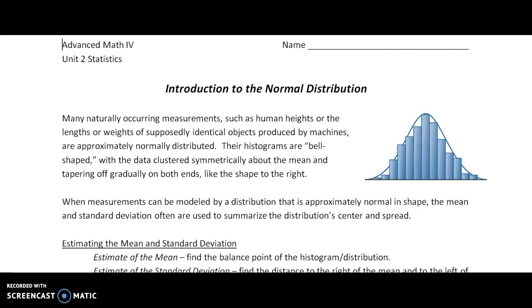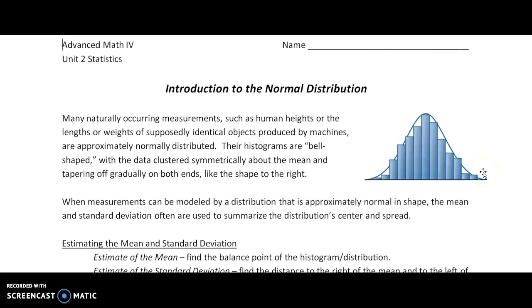So, things like human heights, lengths or widths of supposedly identical objects produced by machines are normally distributed. Their histograms are bell-shaped. If you hear bell-shaped curve, think of a bell, and it's got that general shape. You can see one to the right over here that it has a bell shape. Looks very symmetrical.